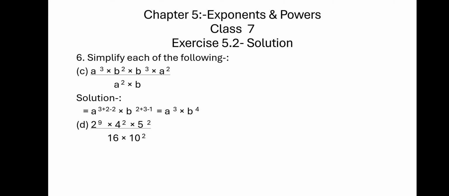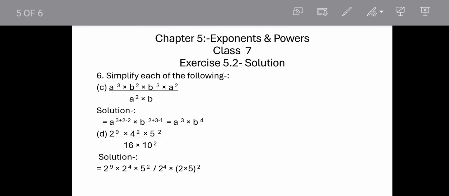2^9 into 4^2 into 5^2 divided by 16 into 10^2. 2^9 into 2^4, because 4 squared means 2^4, into 5^2 divided by 2^4 into (2 into 5) whole raised to 2, because 10 means factorize 2 into 5 and whole raised to 2.